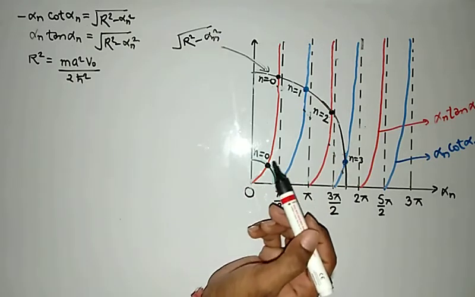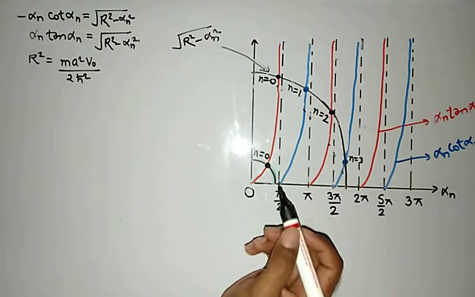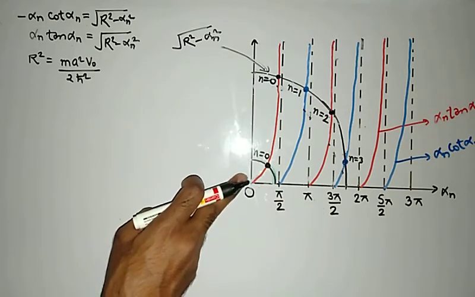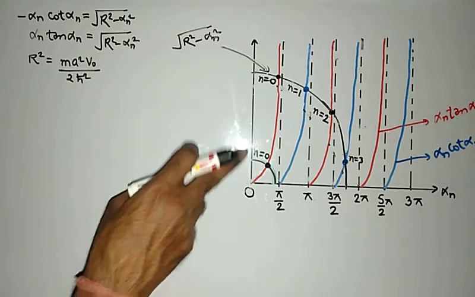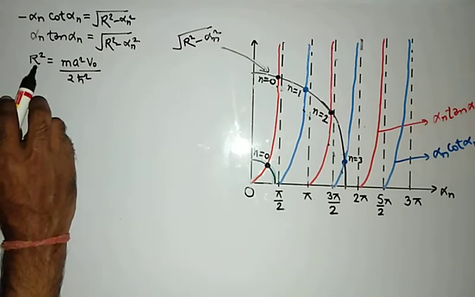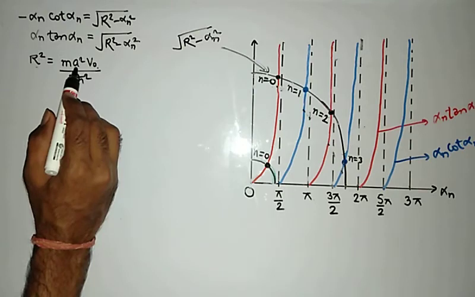So, the number of solutions will obviously depend on the radius of the circle. If the solution depends on the radius of the circle, it means that it will depend on the depth of the potential and also the width of the well.